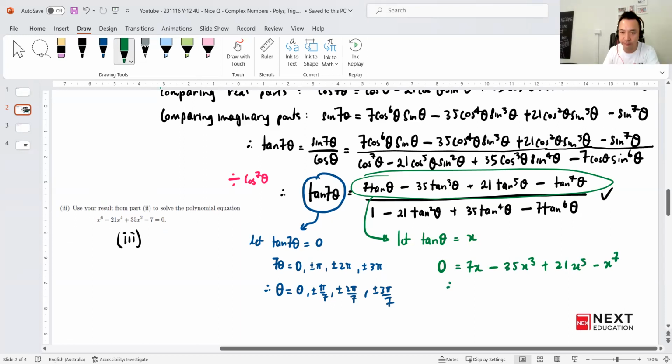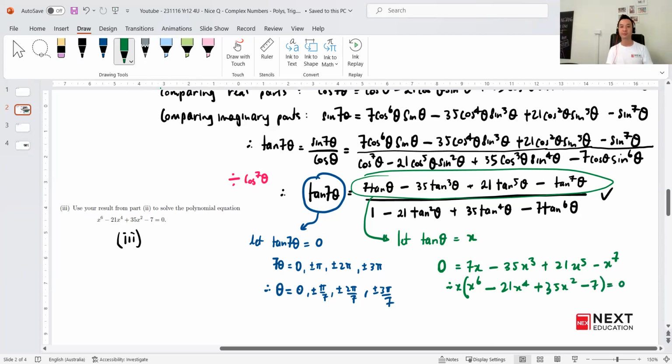And so therefore, I get x6 minus 21x4 divided by x, which means bring it over and then divide by x, right? Actually, no, instead of dividing, I'll factorize x out, right? So take out the x. So just to illustrate that there are 7 solutions. And plus 35x2 minus 7 equals 0.